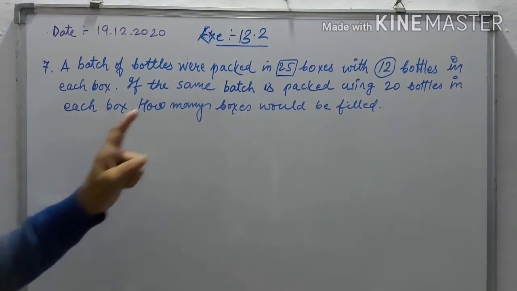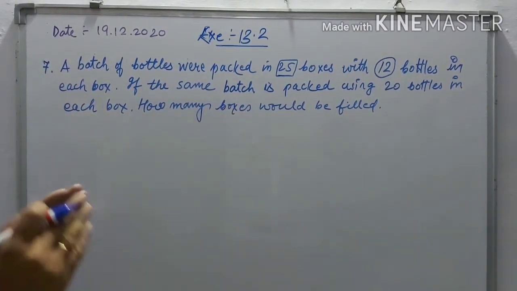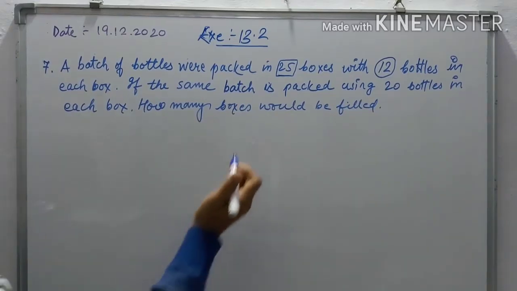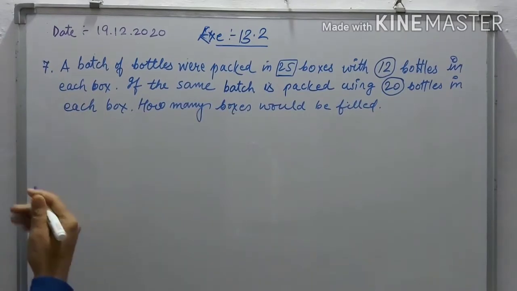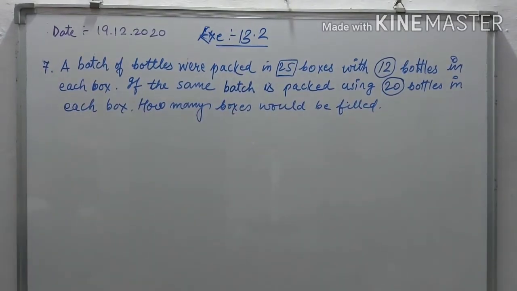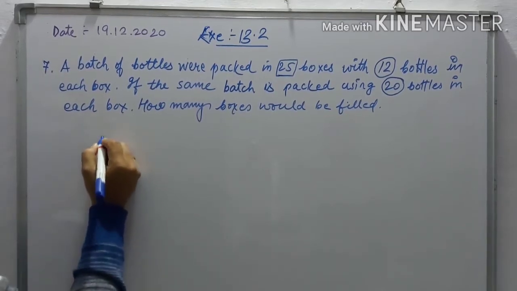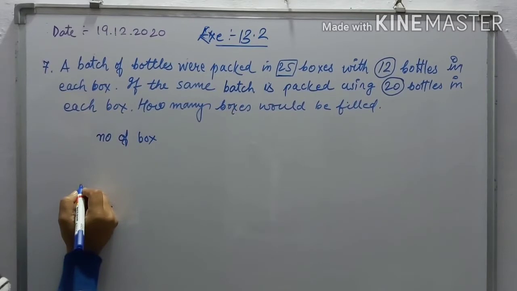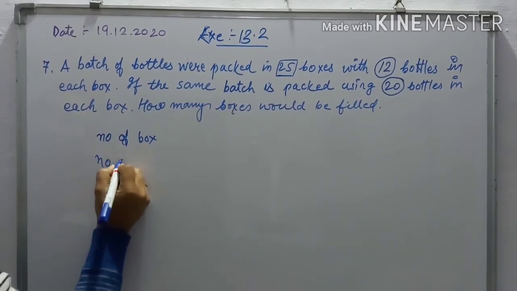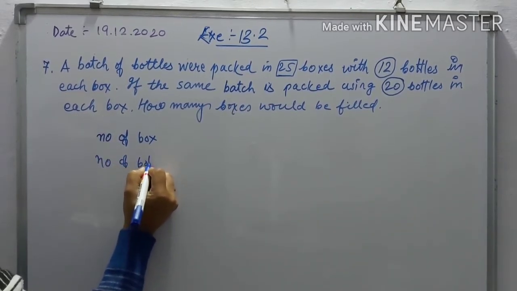Okay, if the same packets, with no change in the size of the box, are used for 20 bottles, how many boxes will be needed, increase or decrease? Okay, so you write number of boxes and number of bottles.